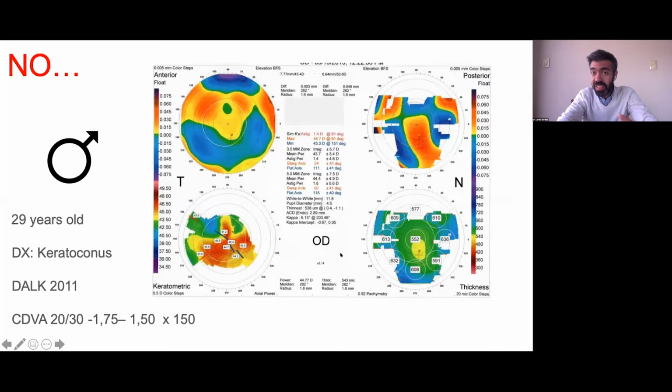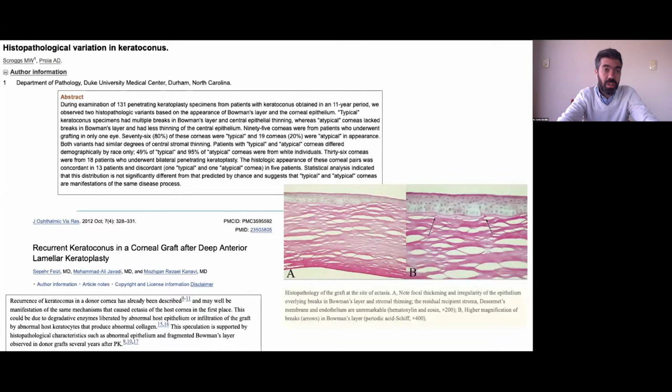So the patient left and came to the consultation again, and we have evidence of histopathological variation in keratoconus after the graft. We know that you can have a recurrence of the keratoconus in the corneal graft, but mostly in the union between the donor and the receptor.